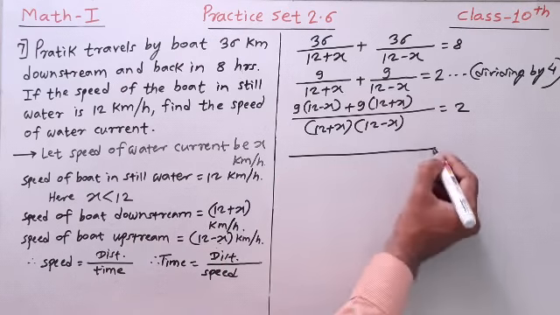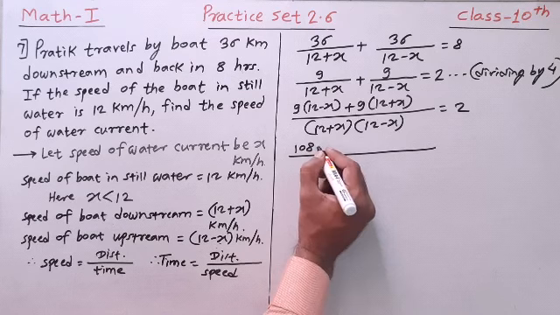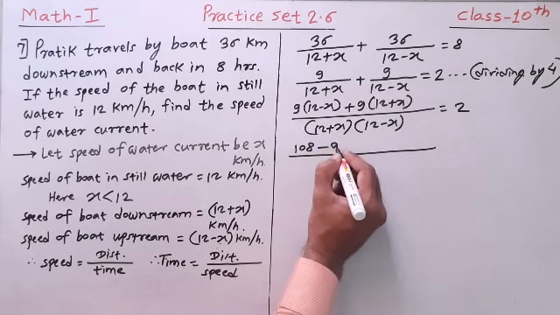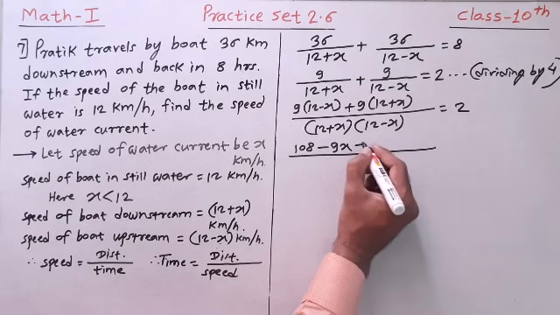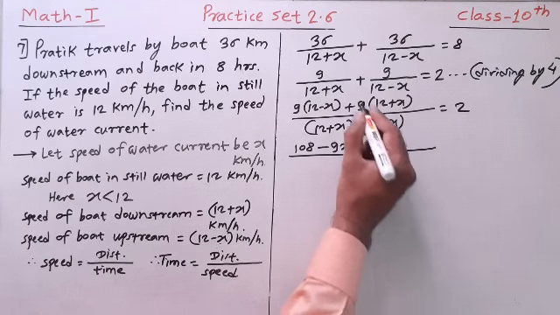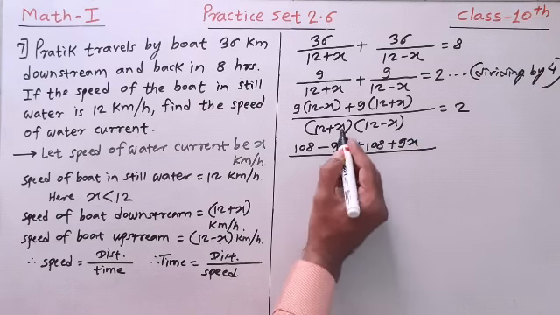Now next step, 12 9s are 108, minus 9 into x, 9x, plus 9 12s are, or 12 9s are again 108, plus 9 into x, plus 9x upon.